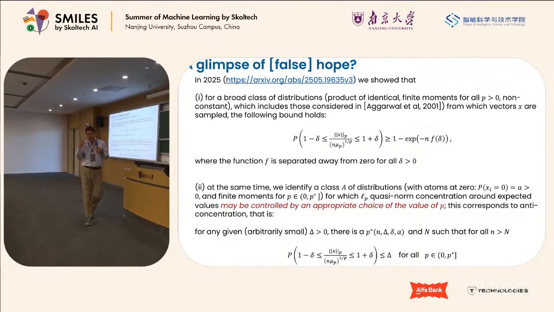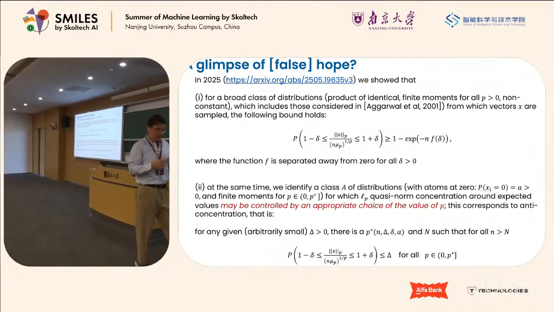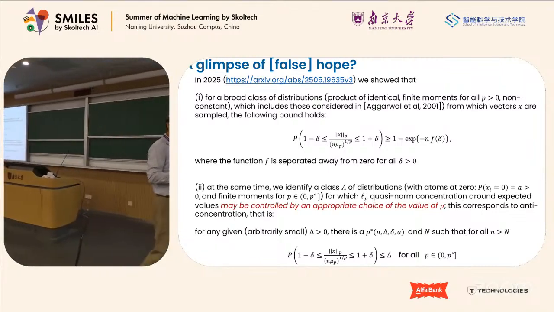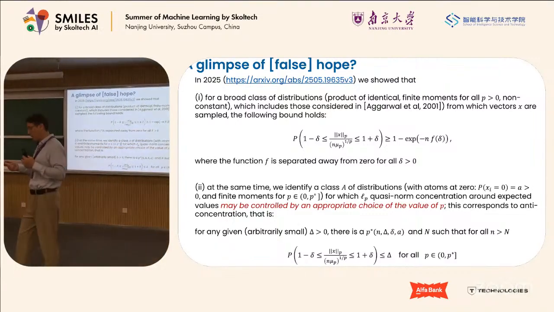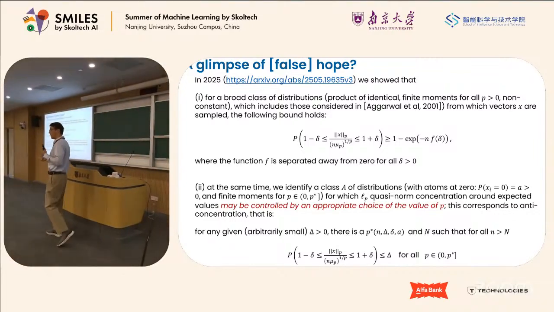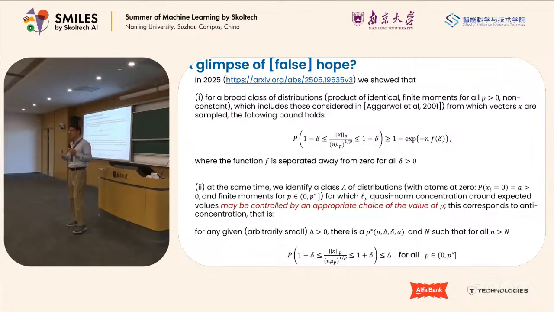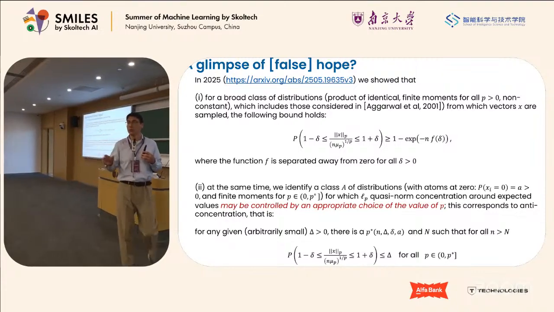Take classical Bernoulli trials: with probability a, the value of this attribute is something, and with probability 1 minus a, the value is 0, or the other way around, with probability a, the value is 0, and with probability 1 minus a, the value is something which is not 0.